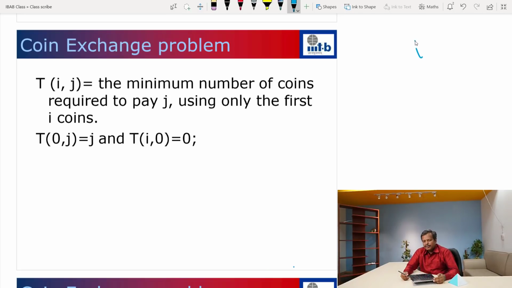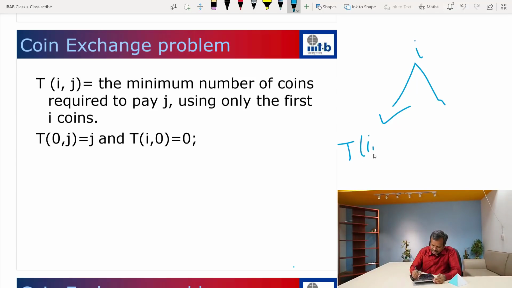Let us stare at the ith coin. What we want to do is pay for j using the first i coins. Now, since I have the ith coin, I can either decide to pay using the ith coin, or I can decide not to use the ith coin. We have two options with the ith coin. Let us consider what happens if I decide to pick the ith coin. If I decide to pick the ith coin, in the future iterations I can still use the ith coin.